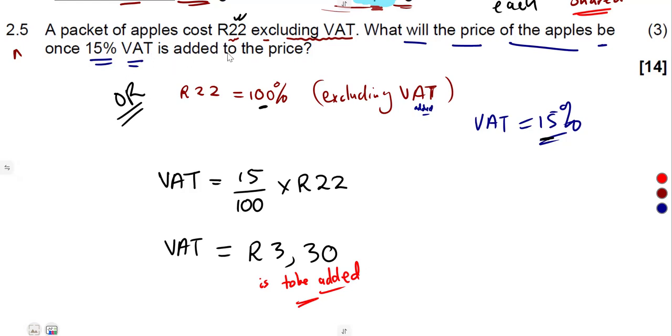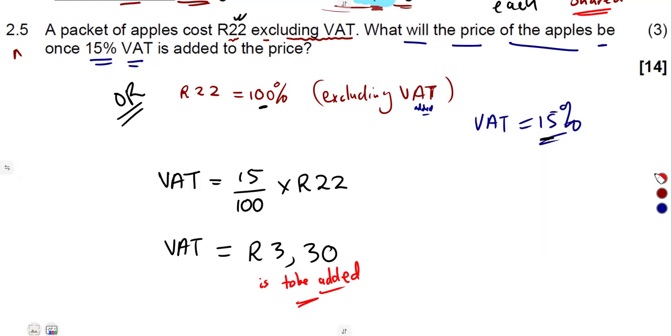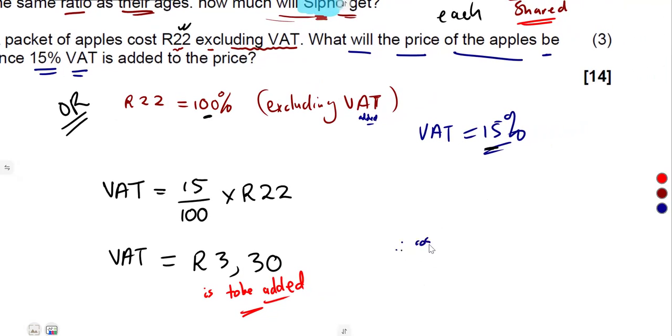The packet of apples was supposed to be 22 rand. So including the VAT now, because this is the VAT value, this is the value of that VAT, 15%. So including VAT, what will be our cost price now? So therefore, the cost price including value added tax is going to be equal to what we had originally without the tax, which is 22 rand plus the VAT now, including it.